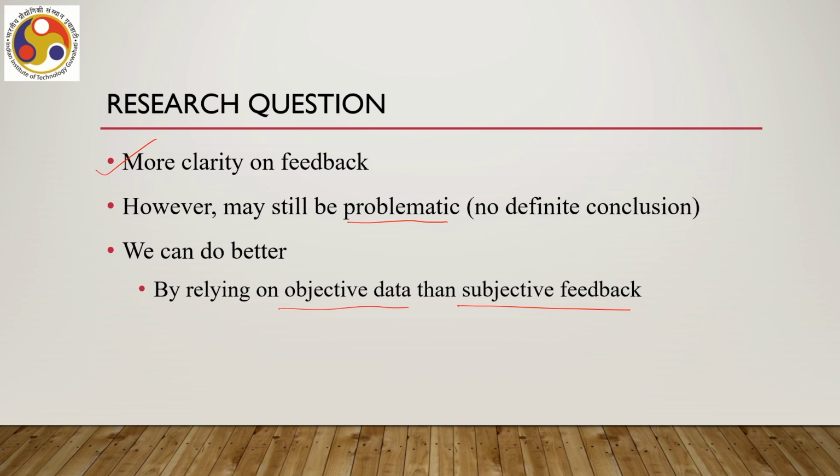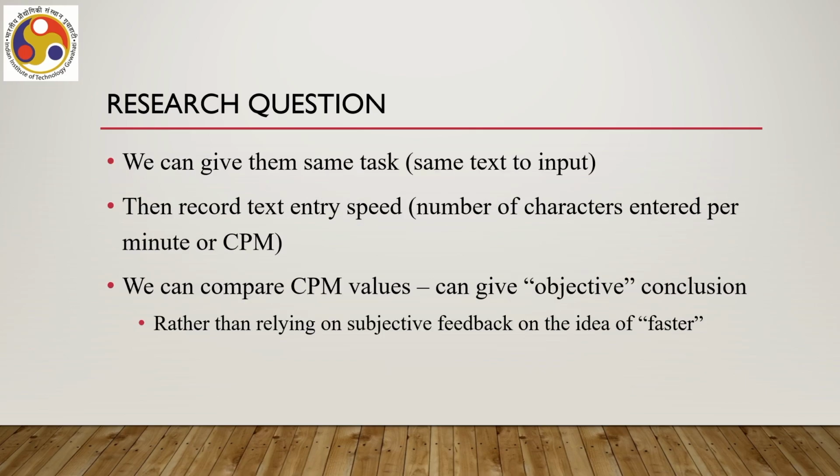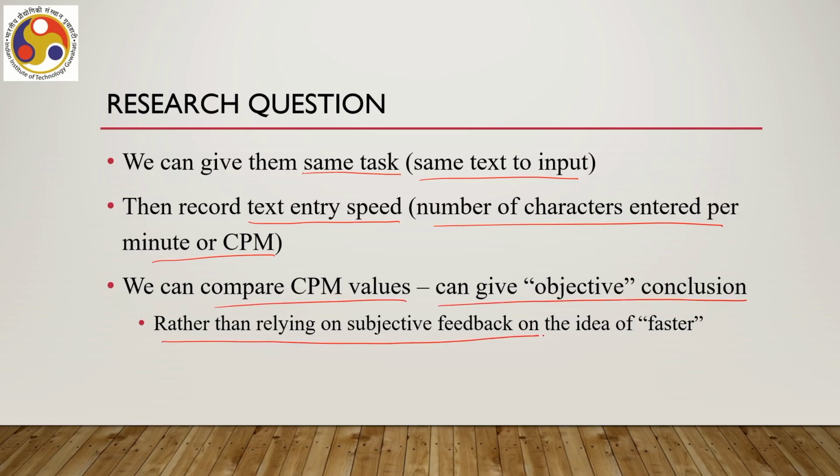So, subjective feedback is not required. We can give them the same task, that is the same text to input, then record text entry speed, number of characters entered per minute or CPM. We can compare CPM values.